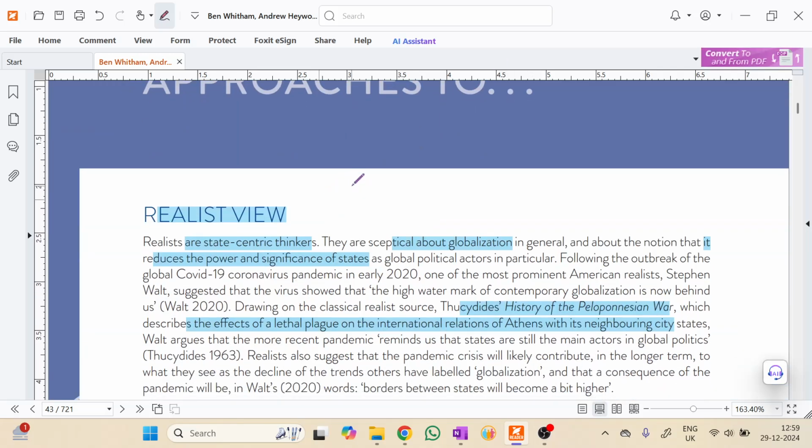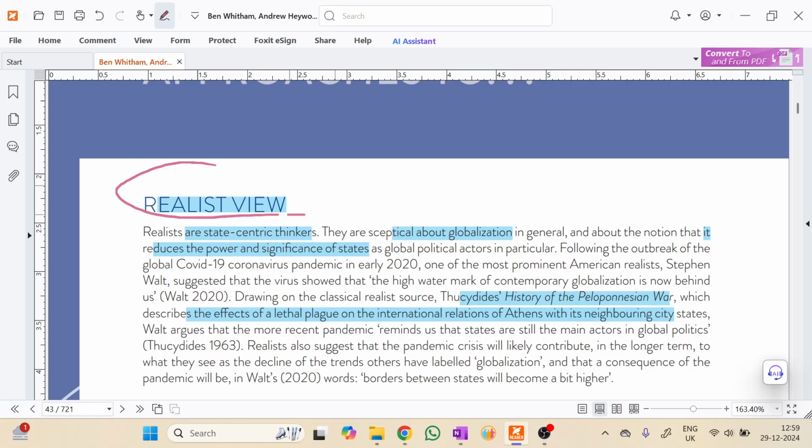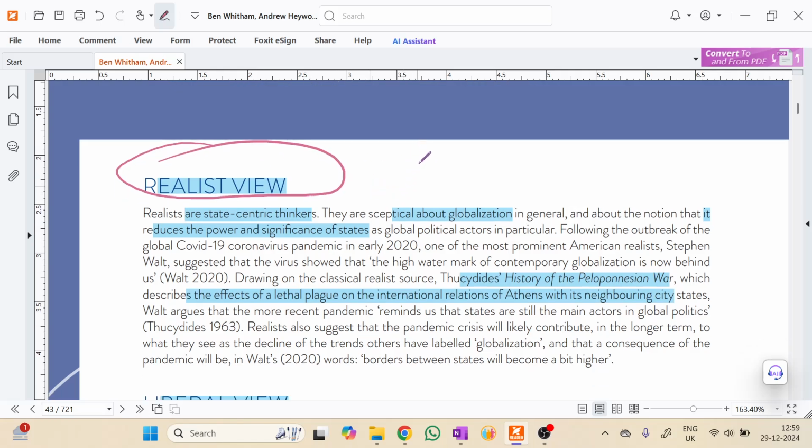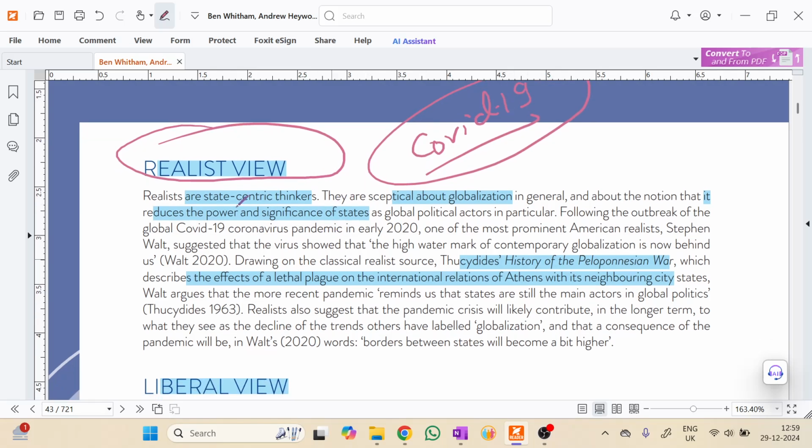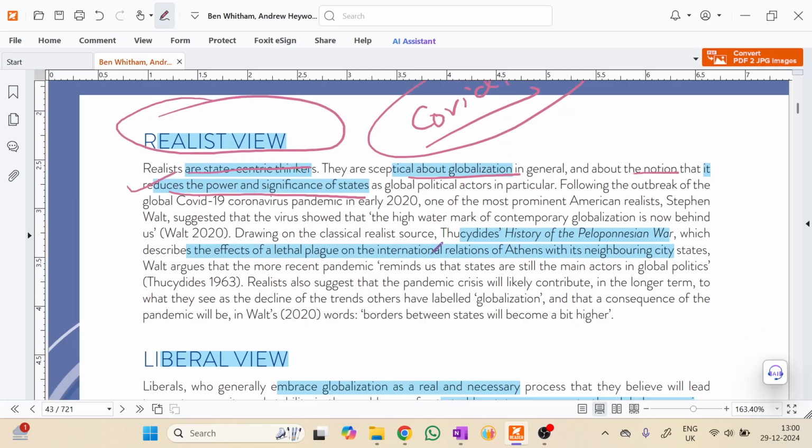Now let's see the various political approaches on the proceedings of the COVID-19 pandemic. So realists, which are state-centric thinkers, are skeptical about globalization and about the notion that globalization reduces the power and significance of the state.